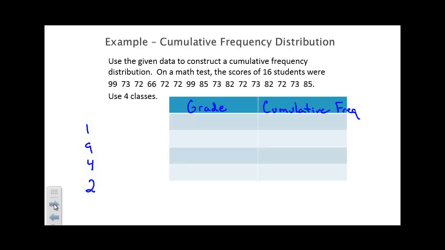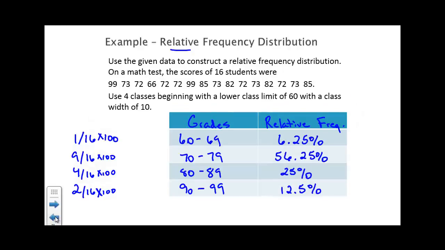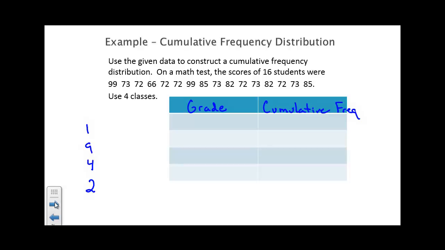The way we do the cumulative frequency, I'm going to go back one, is we start by looking at the second class. We want to say less than that second class value, that lower class limit of the second class. So my first class is going to be less than 70.